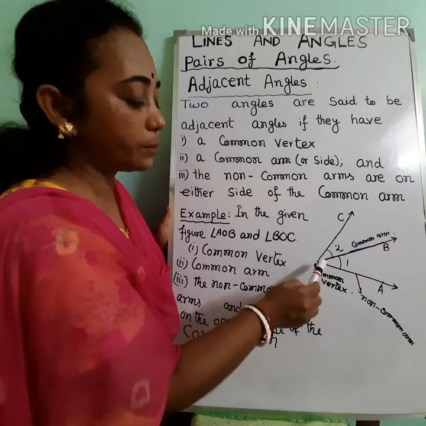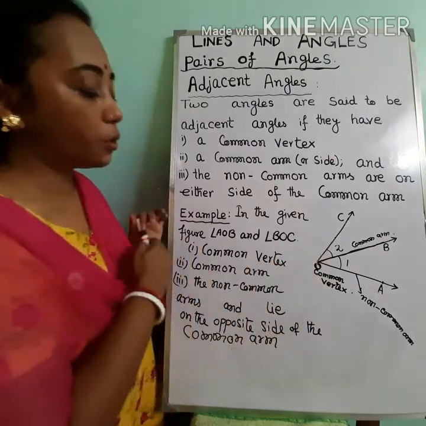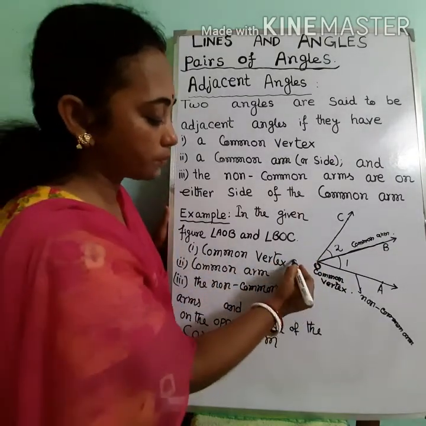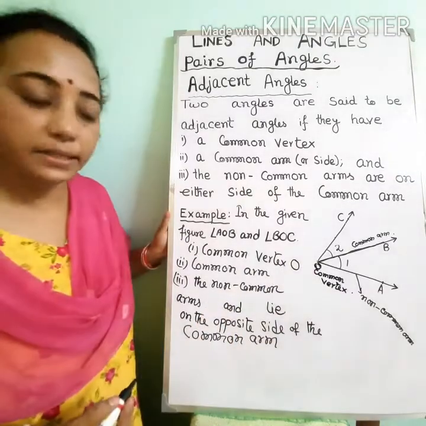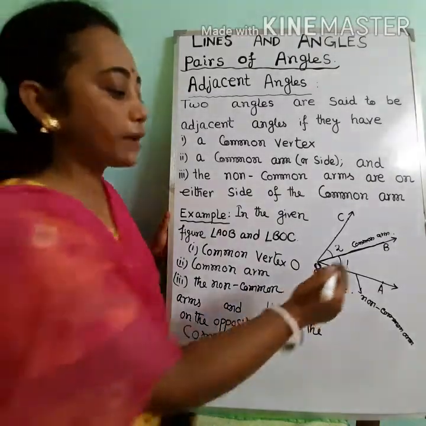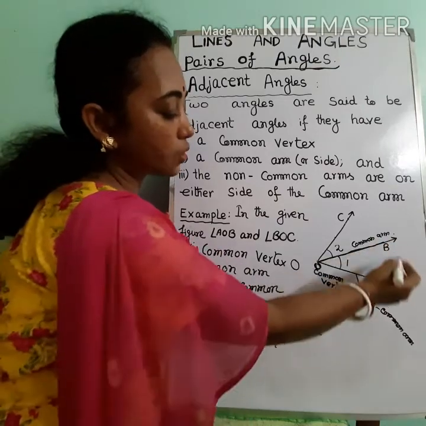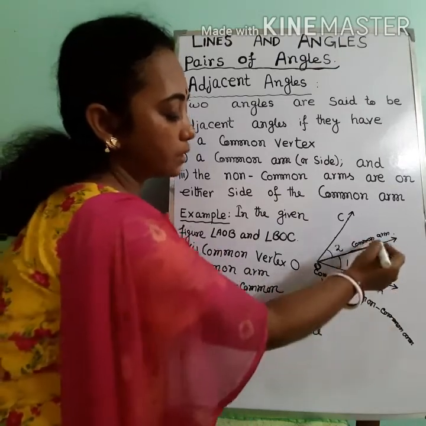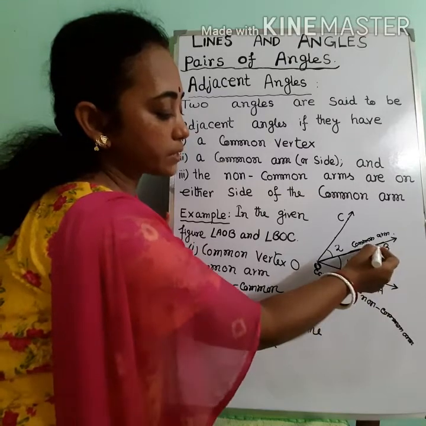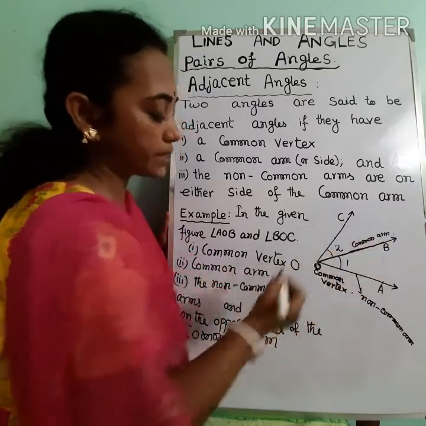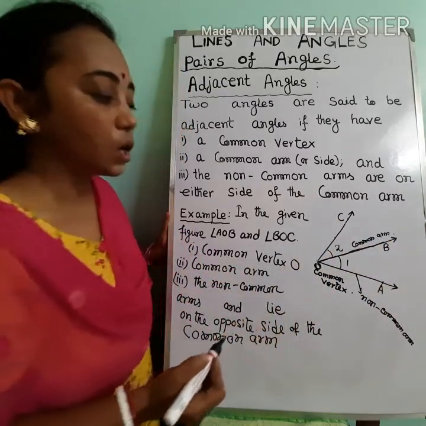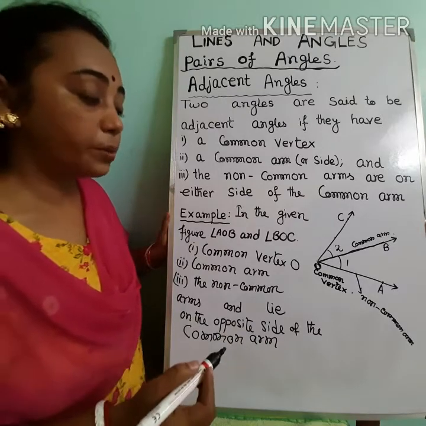Both have the common vertex, that is O. Now both have a common arm, which is OB. OB is present in angle AOB and also in angle BOC, so OB is the common arm.